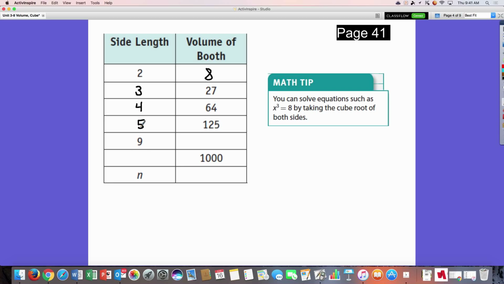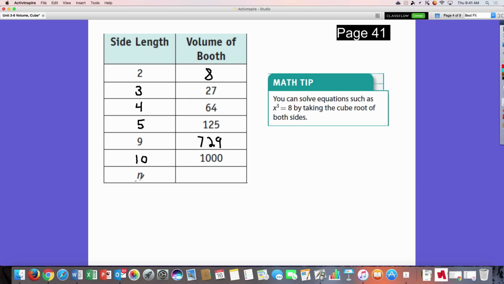Anybody know what 9 times 9 times 9 is? How about 729? And 10 times 10 times 10 is 1,000.